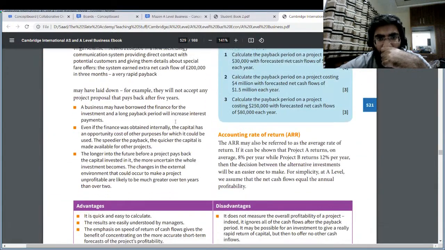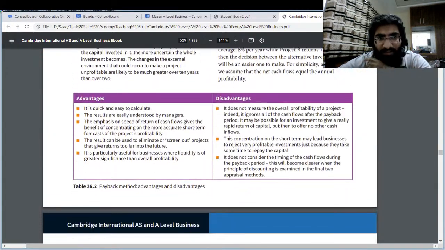Can you see this on the screen? Could you give it a quick read and maybe take a screenshot as well, and you can copy it down after the class? Each book has its own advantages.